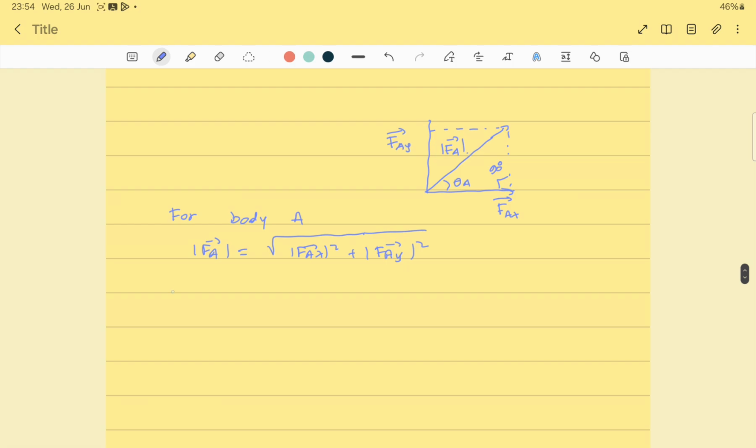So FAX equals MA times RA, the mass times the radius times omega squared, which is the angular frequency, times cos theta A. This is the centrifugal force in the x direction.